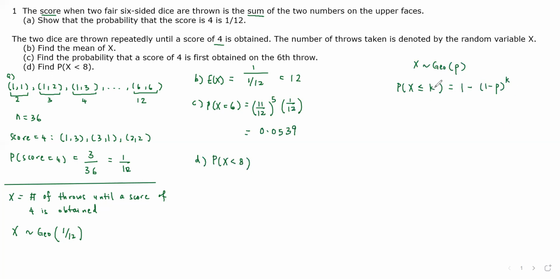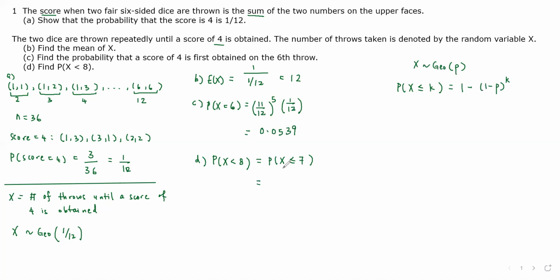That will give you the cumulative probability up to and including k for a geometric random variable. X less than 8 indicates that x must be less than or equal to 7, since geometric is a discrete distribution.